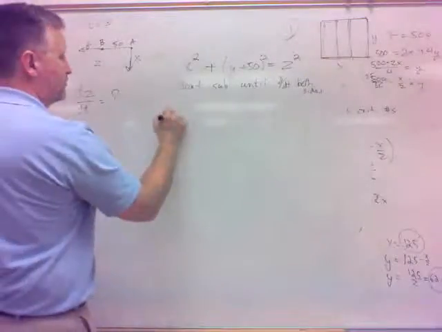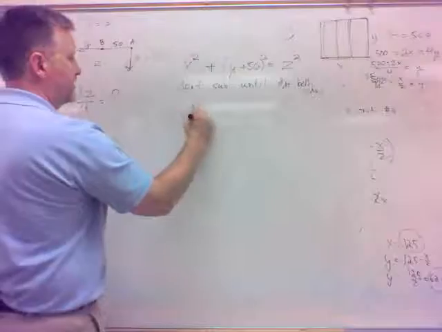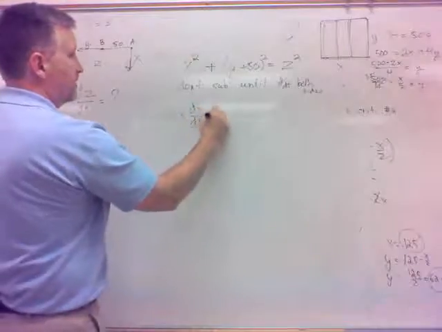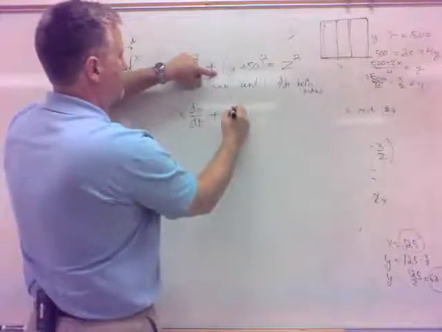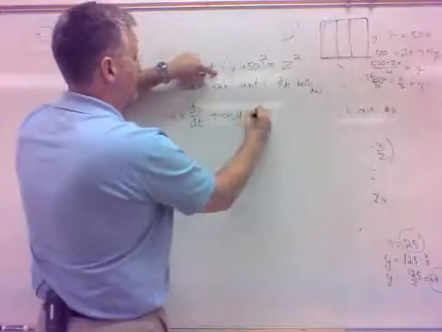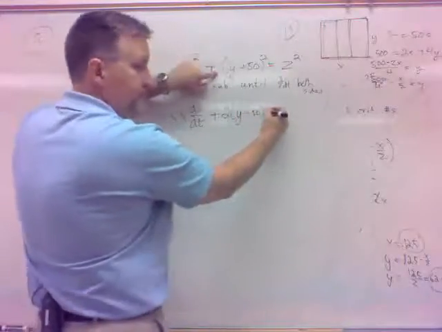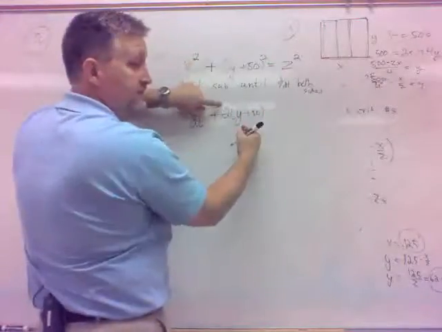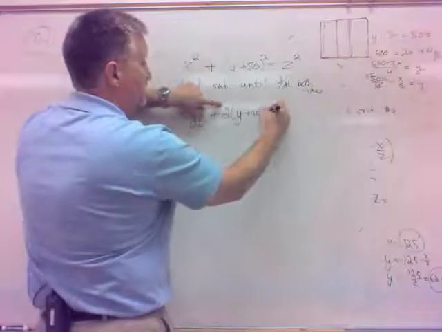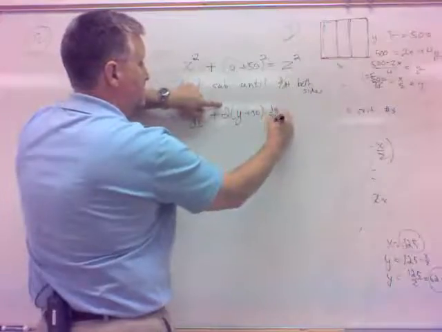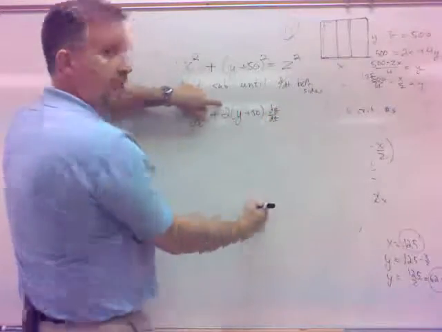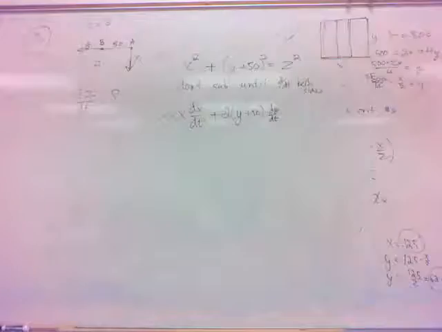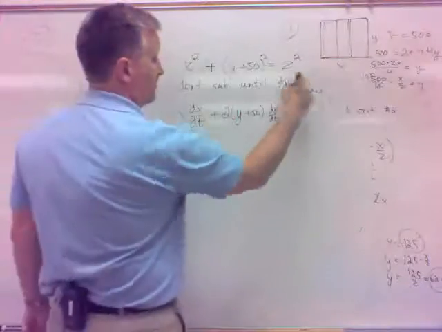So that would be 2x dx dt, all right? Plus, what was this one? 2 times y plus 50 to the third times 1, the inside is equal to 1, and then dy dt. And then the derivative of z squared.